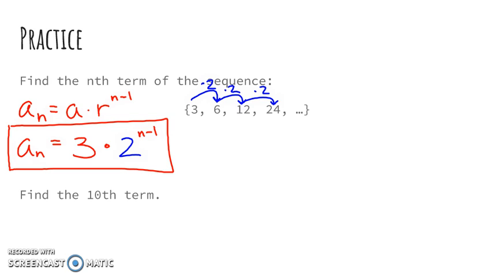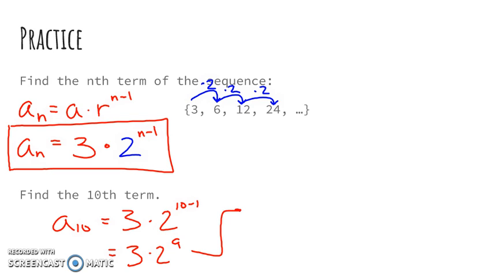Okay? They ask you to find the 10th term of the geometric sequence. So I'm going to go A sub 10 because I want to know the 10th term. That's 3 times 2 to the 10 minus 1 power. That's really a 3 times 2 to the 9th power. What is the answer for that? Well, 2 to the 9th power is going to be 512.